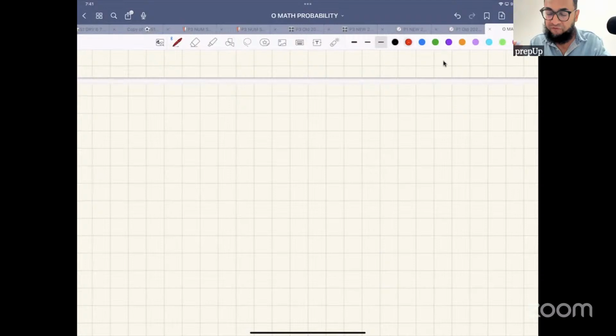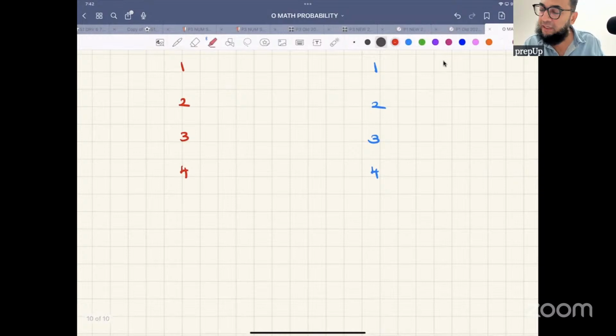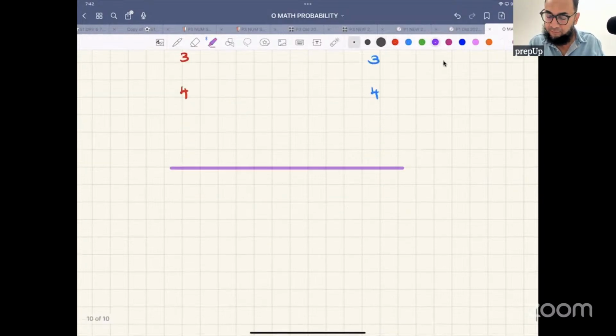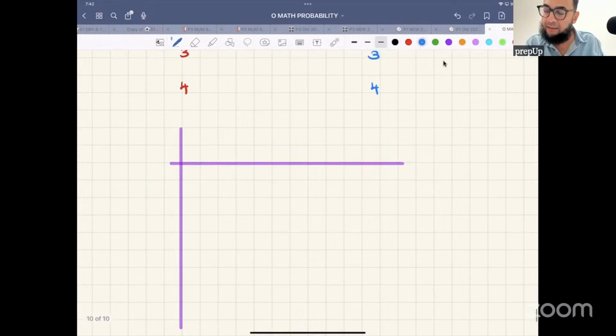So let me write over here red die, and I have 1, 2, 3 and 4. And I have blue die and I have 1, 2, 3 and 4. And let me draw the line like this. And let me write the red at the top.